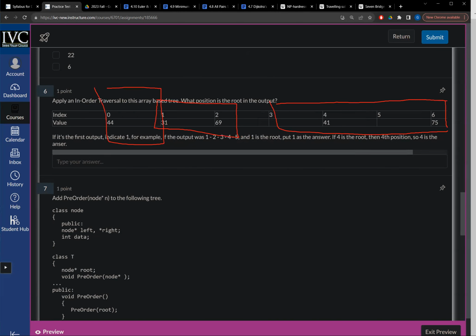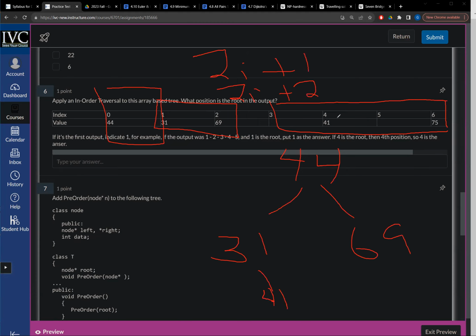All right, so the first level is the root. Its children are 31 and 69. For the next 2, you always do the math: you have 2i plus 1 and 2i plus 2.